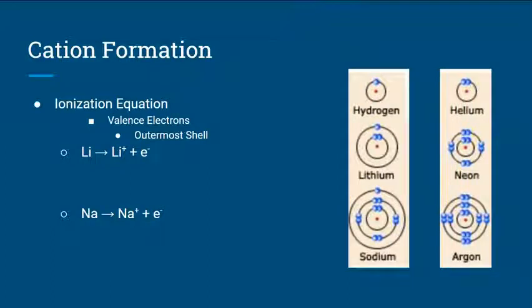So for a cation formation, it's a similar process where the atom is trying to match its electron arrangement to the closest noble gas. But for lithium, which is in period 2, the closest noble gas arrangement is not neon. It's not going to gain 7 electrons to fill that outermost shell.